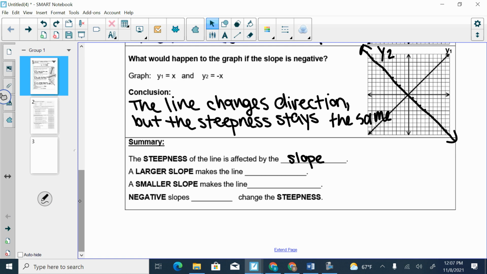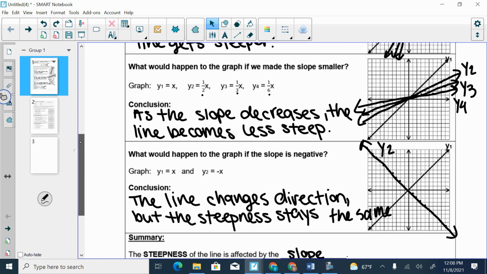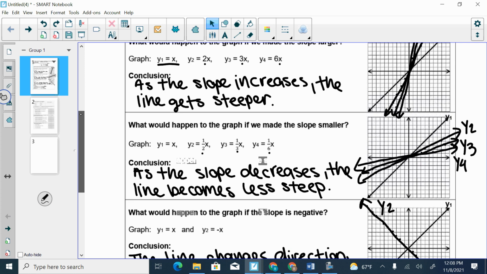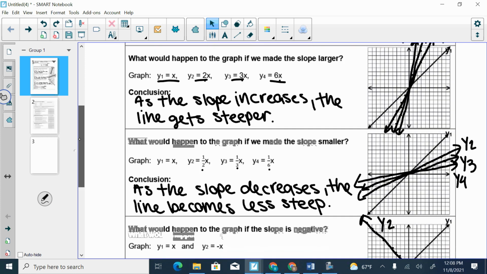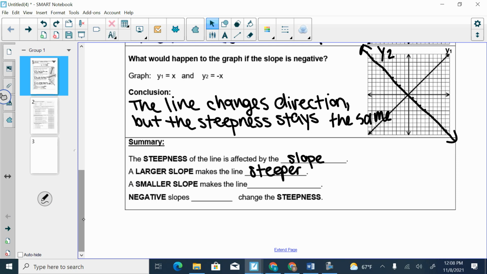When the slope was bigger or larger, did our line become steeper or less steep? Steeper, right? So when the slope got larger, every time we drew it, it got steeper and steeper and steeper. But when our slope got smaller, like 1/2, 1/3, 1/6, we said what happened?